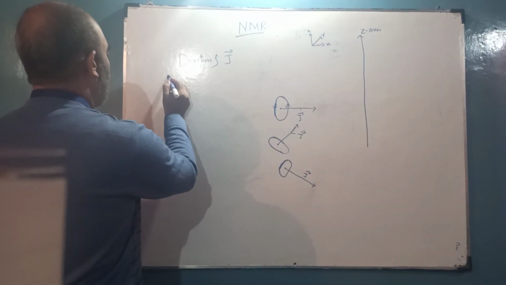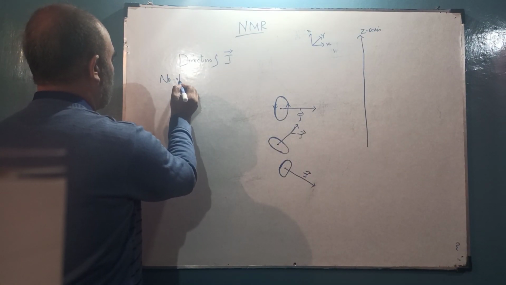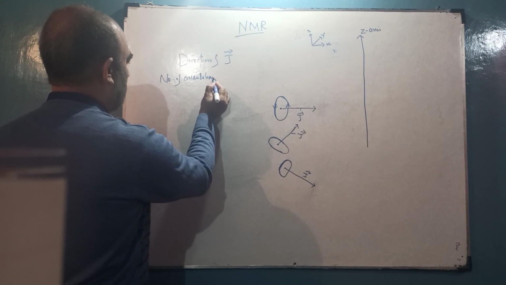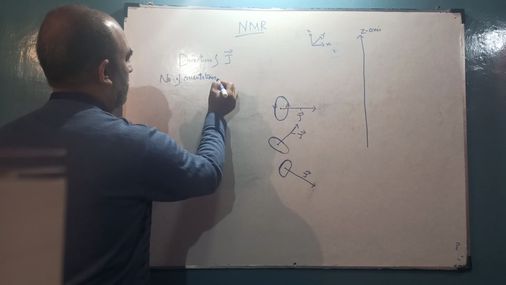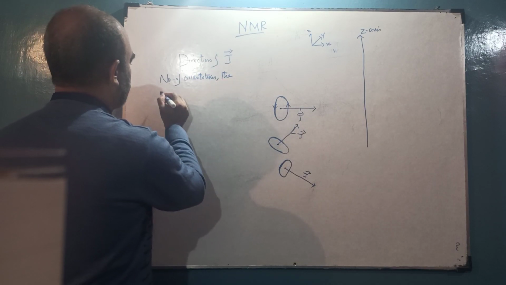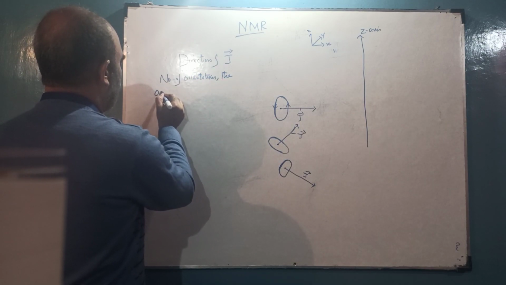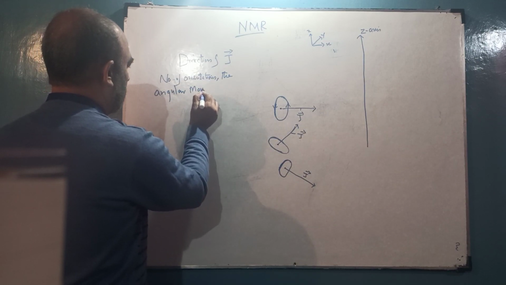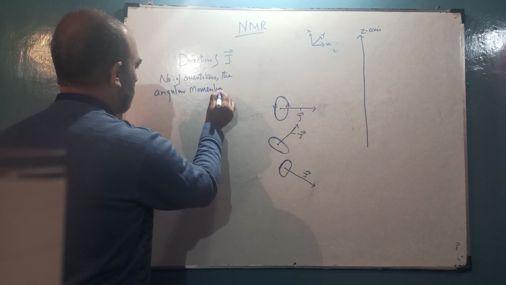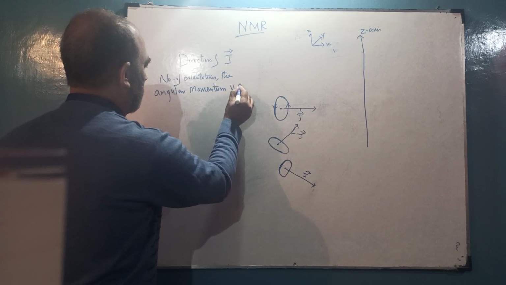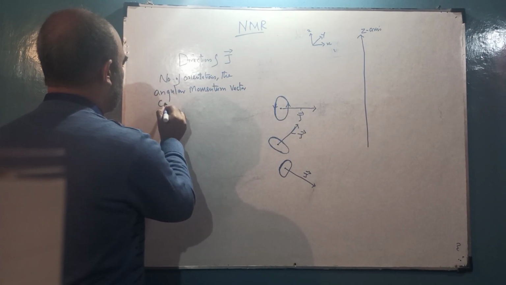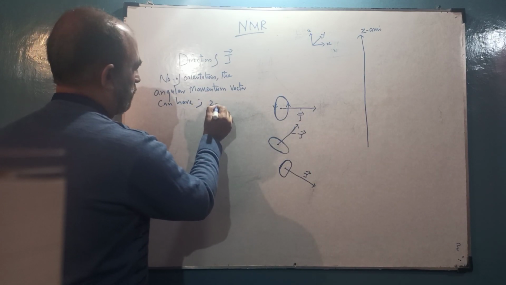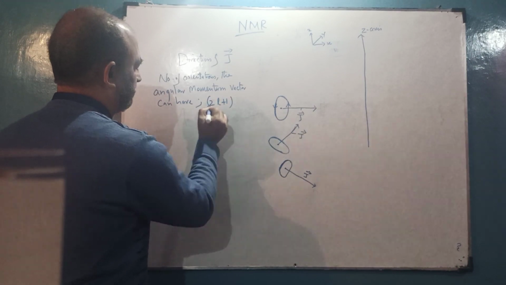And the number of orientations the angular momentum vector can have is 2L plus 1.